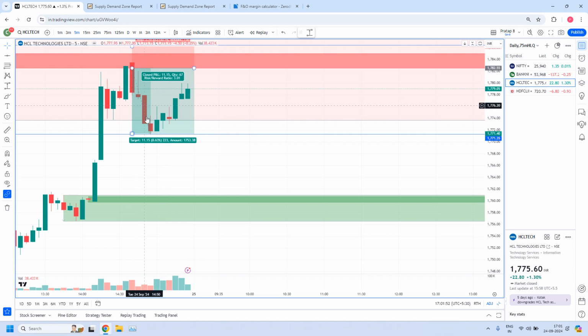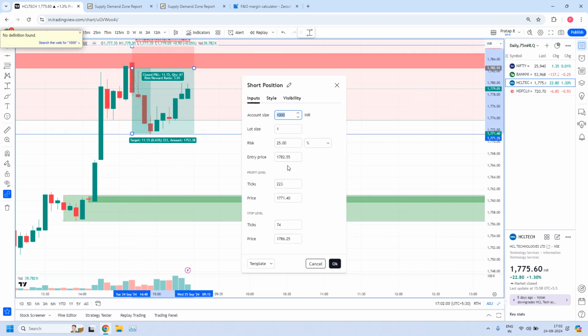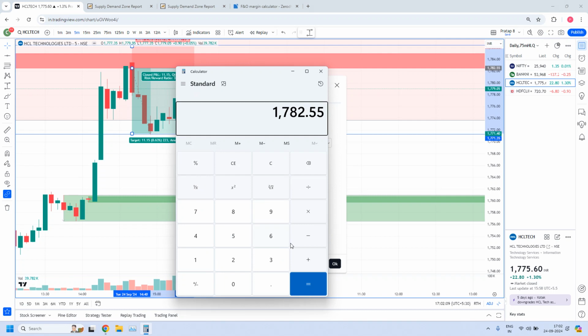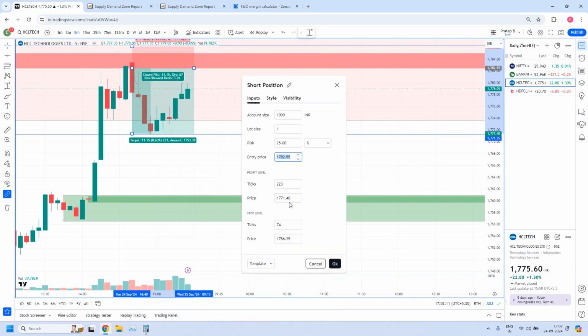Okay, let us assume you exit exactly at 1:3 RR. What is the profit you might have captured? So what is the entry price? 1782.55 could be your entry price. And what is the target? The 1:3 target is 1771.40.